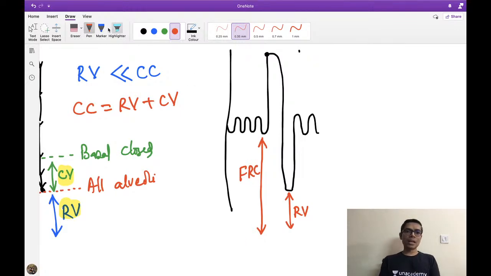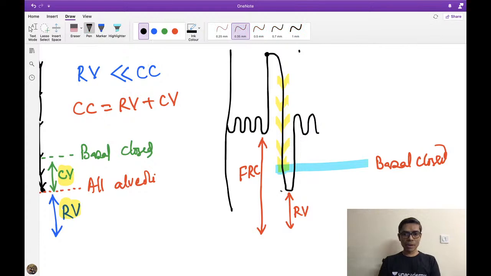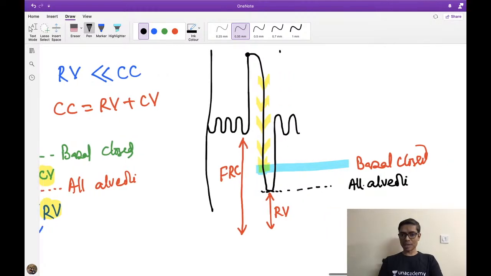Now during the closing capacity discussion, we have discussed that if you maintain this forceful expiration, you will reach a point where only the basal alveoli are closed off, and then you will reach a point of residual volume, where all alveoli are closed off.